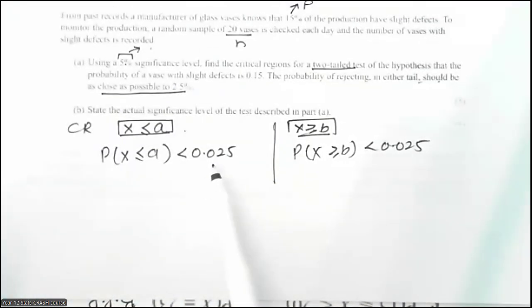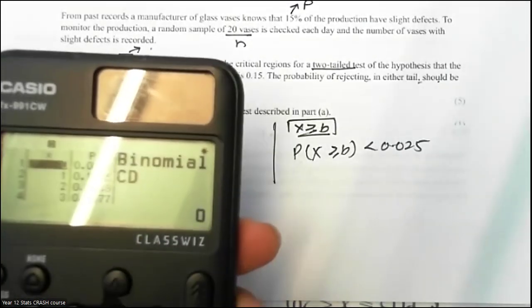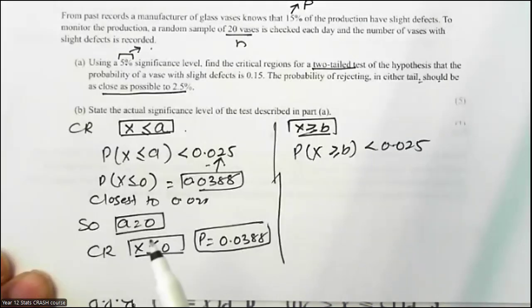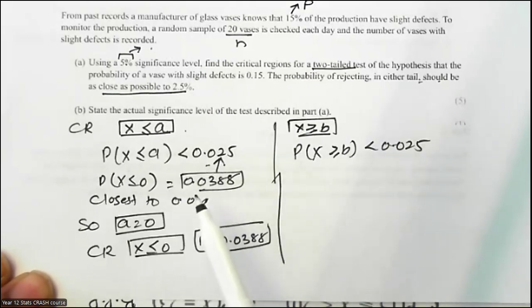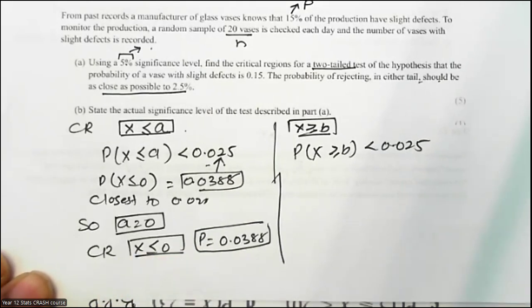I wanted the answer to be less than 0.025. So this is already bigger, so that is the closest. Then that means the critical region on this side is 0. The question says it should be closer to 0.025, even though it's not less than that, but that is the closest. So that is my critical region. Obviously, we can't go any lower than 0 anyway. Okay, that's my critical region on the left tail, and this is the probability of that critical region.